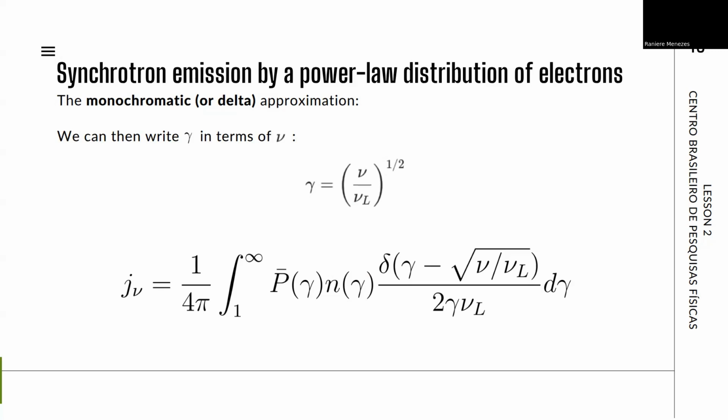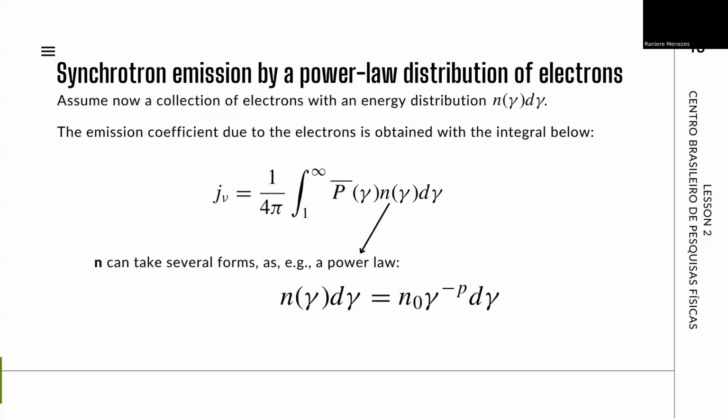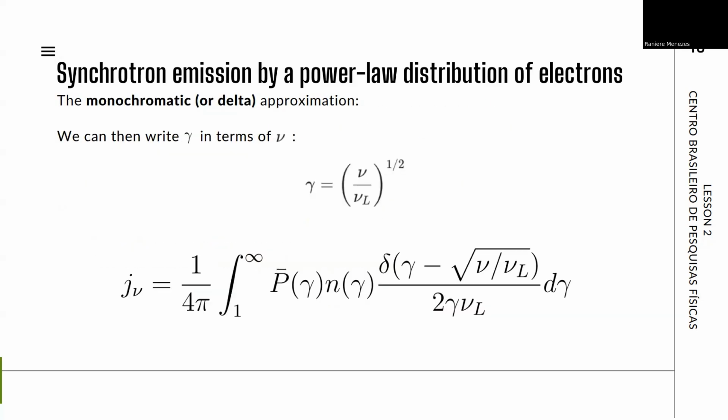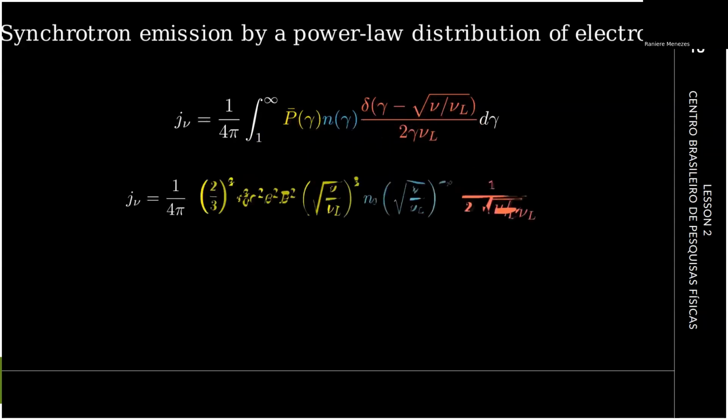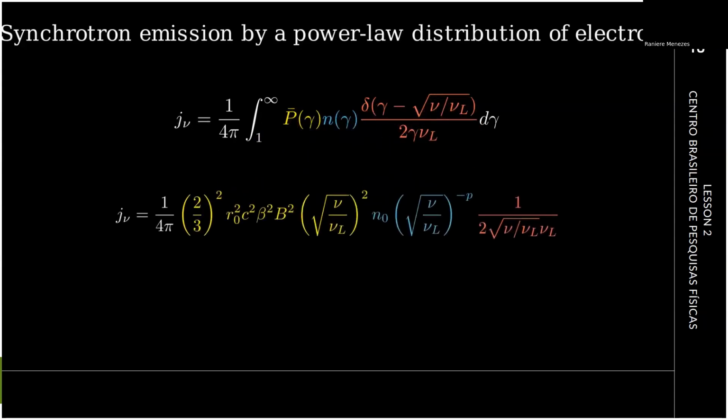We already found a formula for P, the average power emitted by one electron. We already have the formula for the distribution, which we assume to be a power law. And now we can solve the integral. We have the Dirac delta here, so the integral just vanishes, and we evaluate the functions at this value.